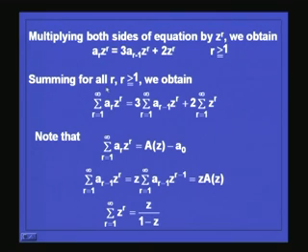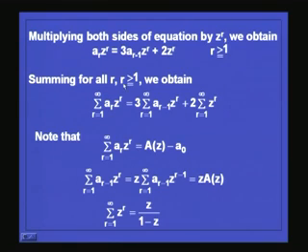So, if you sum it for all r, you obtain the sum from r = 1 to infinity of a_r z^r equal to 3, this 3 you can take out, 3 times the sum from r = 1 to infinity of a_{r-1} z^r plus 2 times the sum from r = 1 to infinity of z^r.